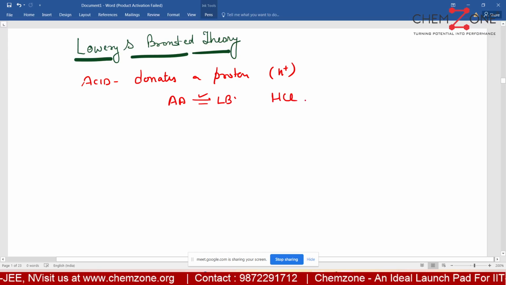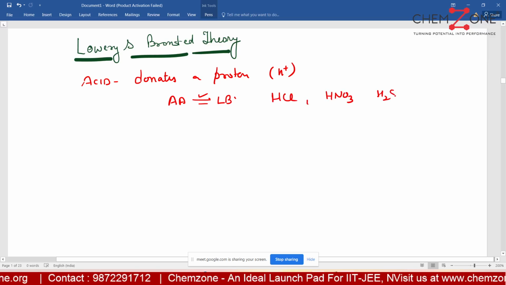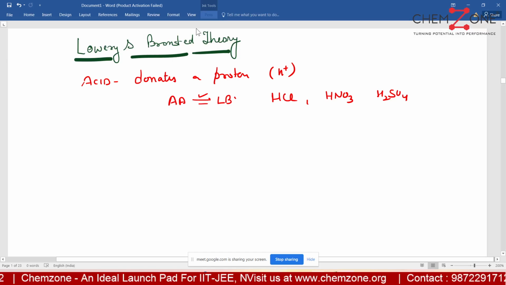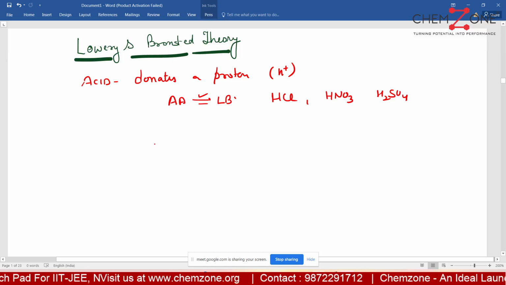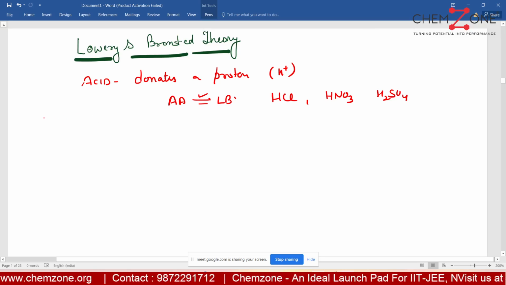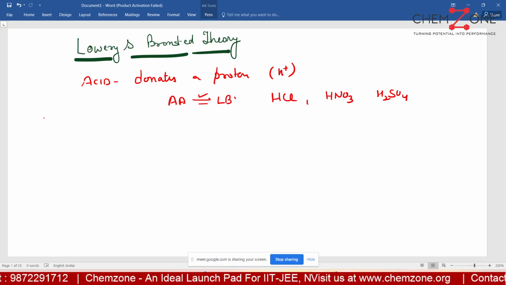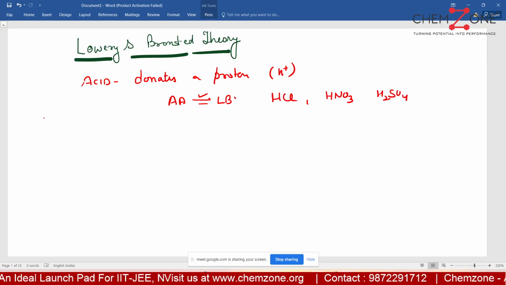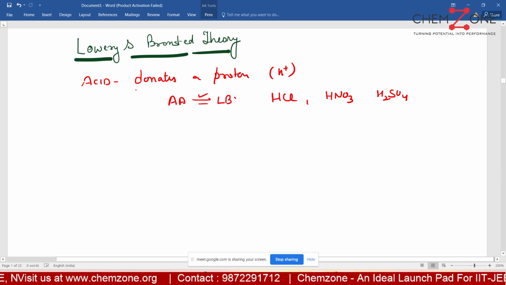So I can say HCl, HNO3, sulfuric acid, all these are proton donors. So they are Arrhenius acids as well as Lowry Bronsted acids. But here the condition is that they do not require any aqueous medium to donate. In the Arrhenius theory, aqueous medium was required. Here, aqueous medium is not required.